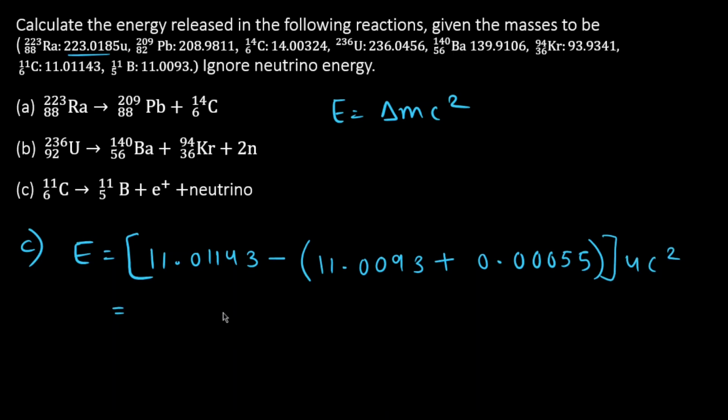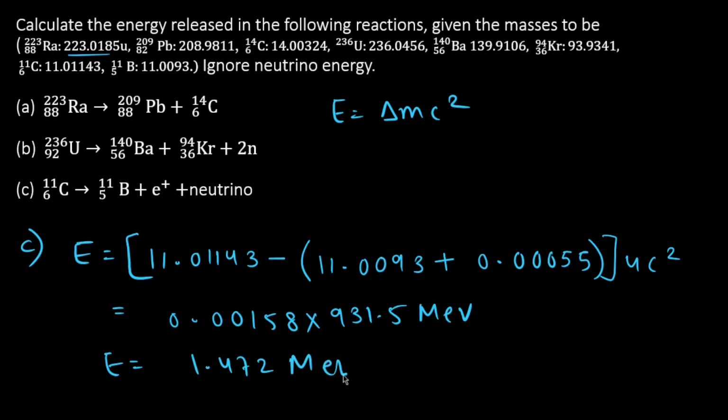Solving this we get 0.00158 into U C square, which is 931.5 mega electron volt. So the energy release is 1.472 mega electron volt.